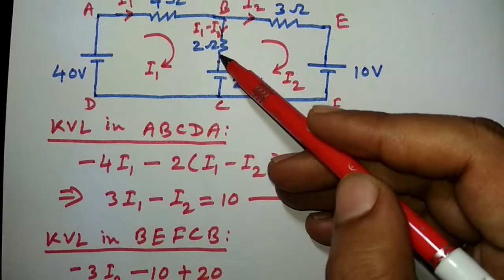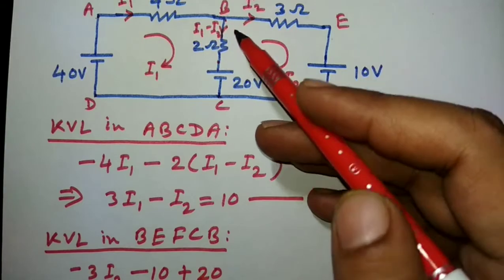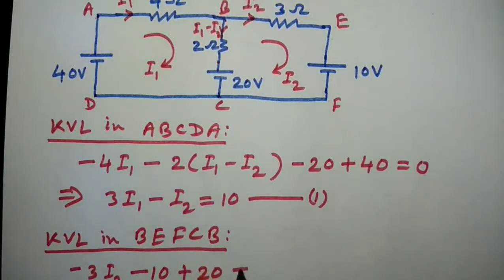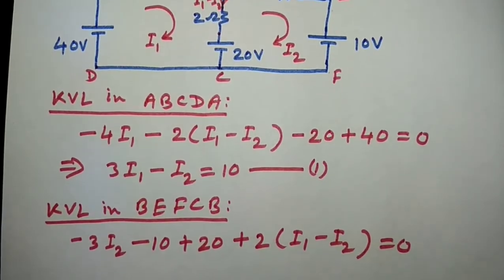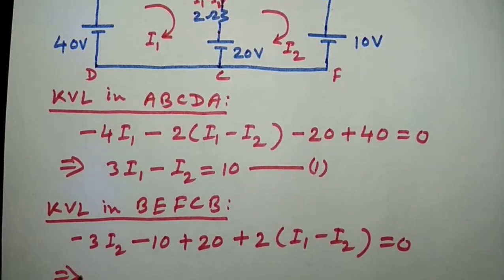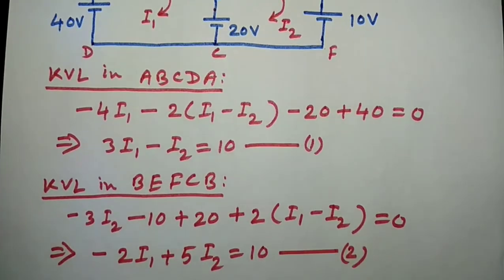And then in the opposite direction of the current, it is taken as a gain in potential, so plus 2(I1 minus I2) is equal to 0. Simplify this equation, and you will get minus 2I1 plus 5I2 is equal to 10. Equation number 2.